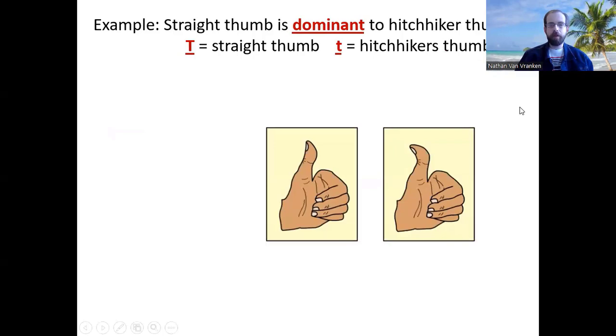Anatomically speaking, we can take a look at, say, our thumb. The straight thumb is dominant to that of the hitchhiker's thumb. Here is the hitchhiker's thumb. That is expressed in the joints of our thumb, anatomically speaking, because the joints in the hitchhiker's thumb are going to be a little bit more flexible and have higher levels of cartilage.